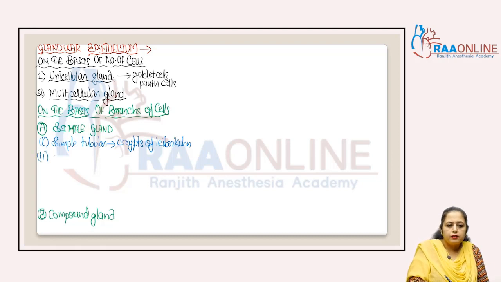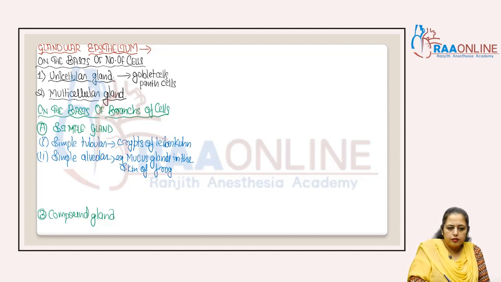Second is the simple alveolar. Example is the mucous glands in the skin of frog and poisonous glands in toad.